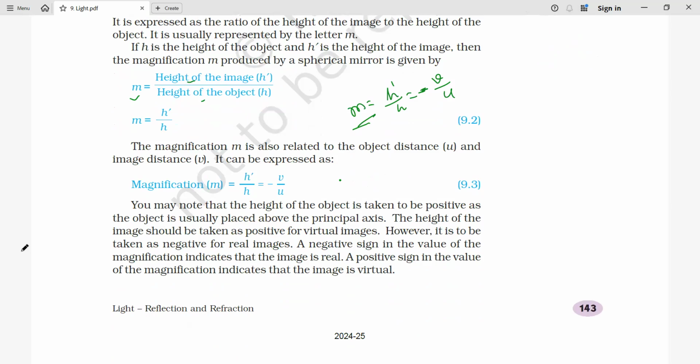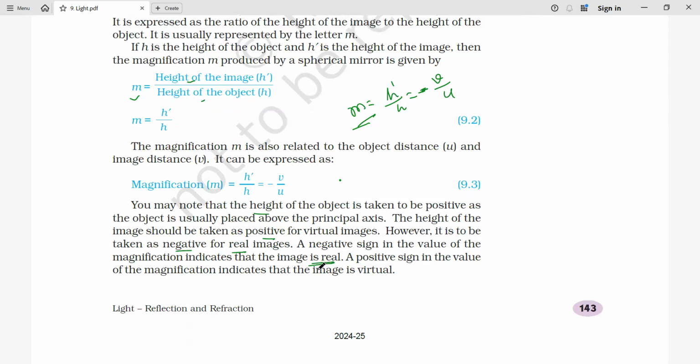Now many things you are able to decide here. On the basis of height, the height of the object will be positive since it is always above the principal axis, and the height of the image should be taken positive for the virtual image, which will be above the principal axis, and negative for the real image, which will be below the principal axis. A negative sign in the value of the magnification shows that the image is real.